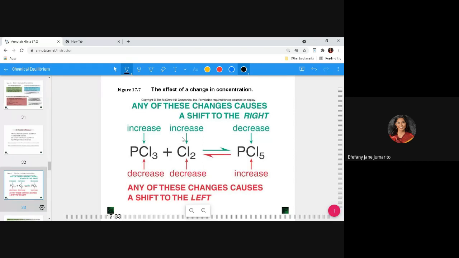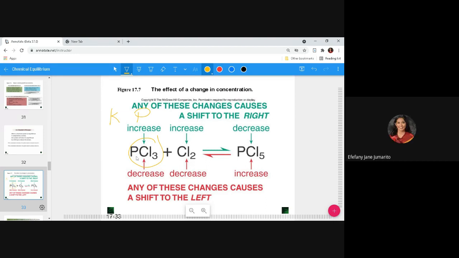What's the name of the first reactant? Phosphorus... phosphorus trichloride.